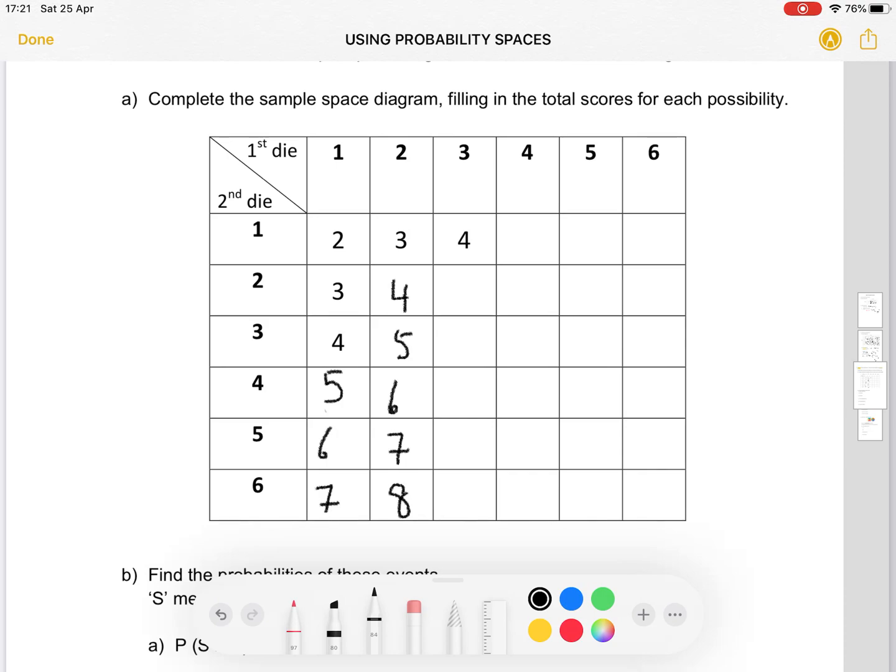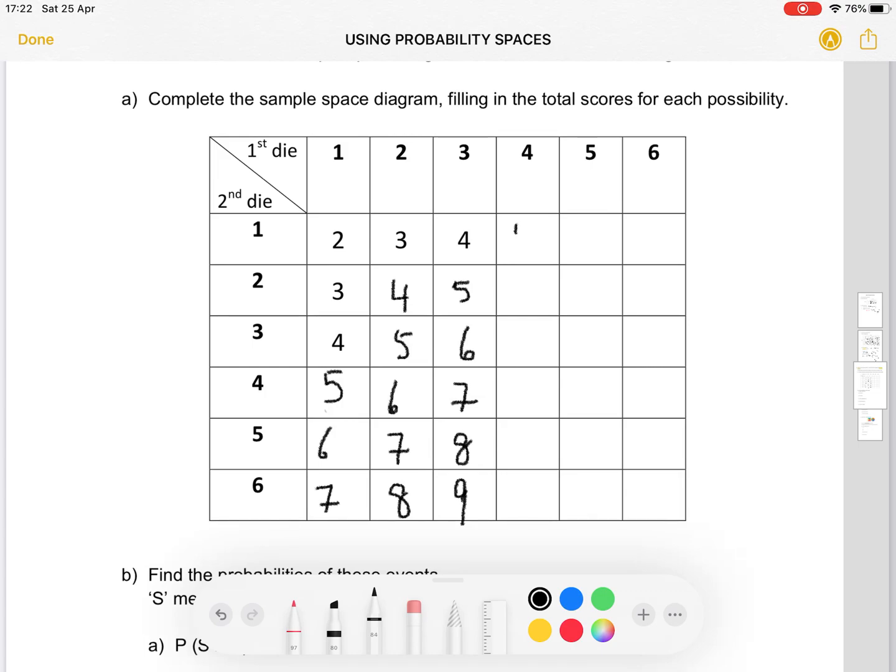The third column, 3 from the first dice, 1 from the second, makes a total of 4. 3 and 2 make a total of 5. 3 and 3 make a total of 6. 3 and 4 make a total of 7. 3 and 5 make a total of 8. 3 and 6 make a total of 9.